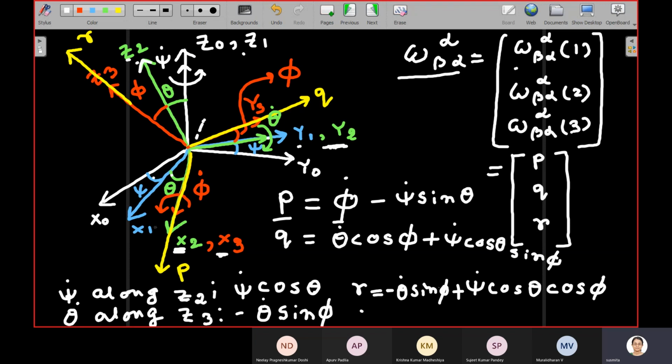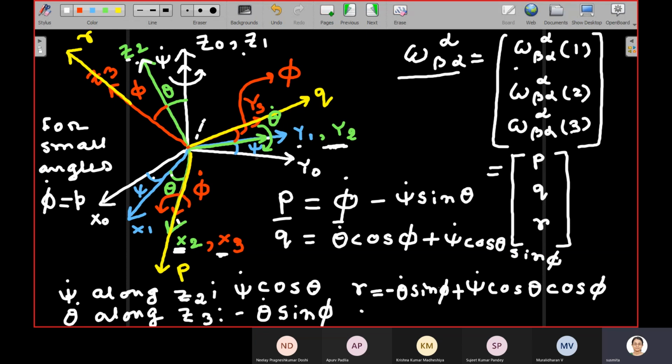So for small angles, we can say that phi dot is equal to P, which we are getting from this side.